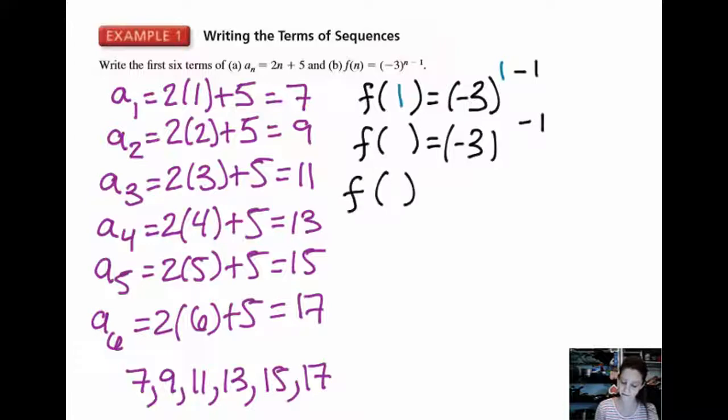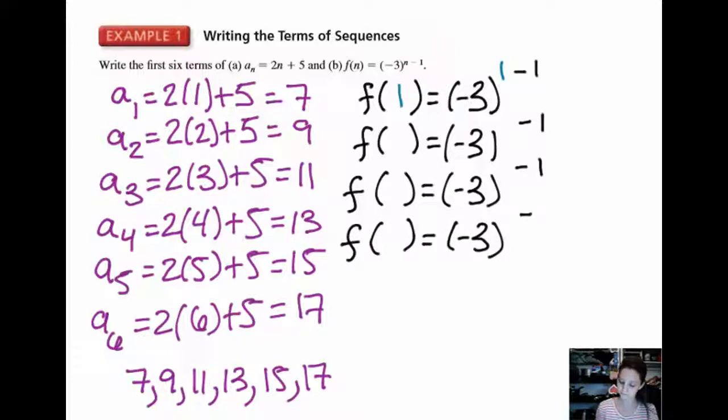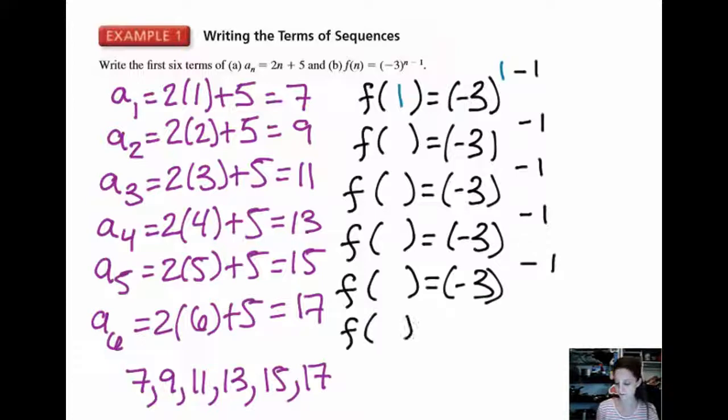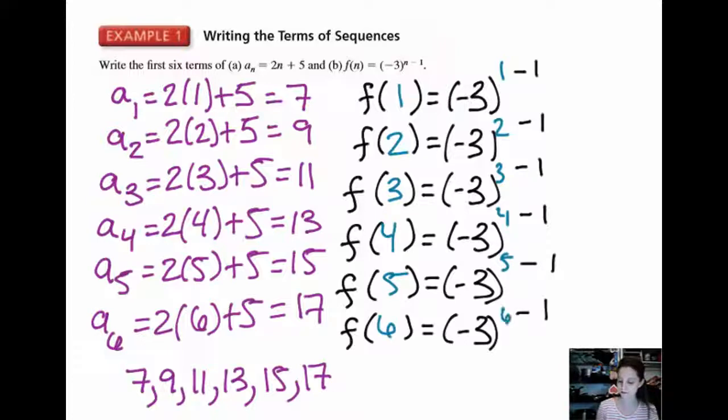I'm going to put a bunch of templates down for me, and then I'll fill in the end value. 1, 2, 3, 4, 5, last one. Okay, so n is 1, n is 2, 3, 4, 5, 6. Now let's evaluate.